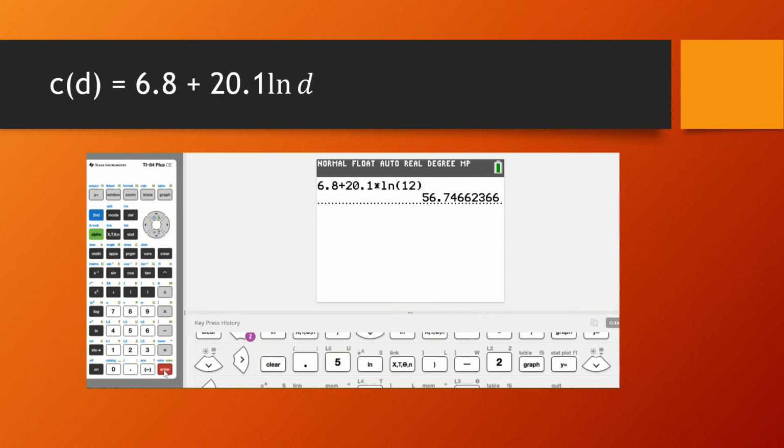Now, how about how many more from day 30 to day 12? Well, we've got to find day 30. So again, I'm going to go 6.8 plus 20.1 times the natural log of 30.